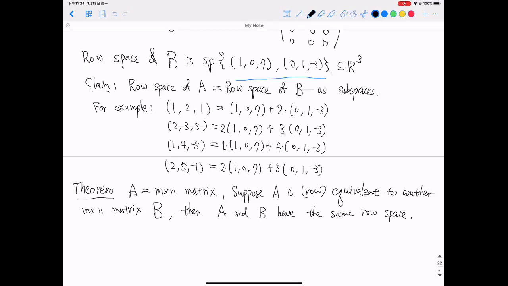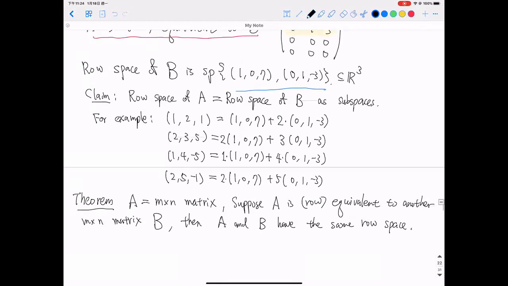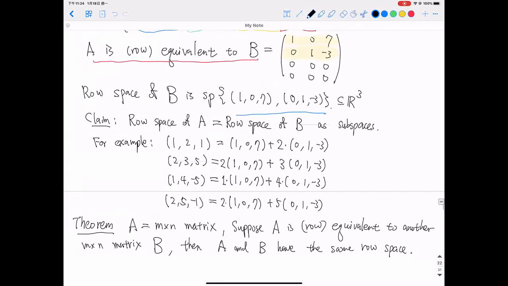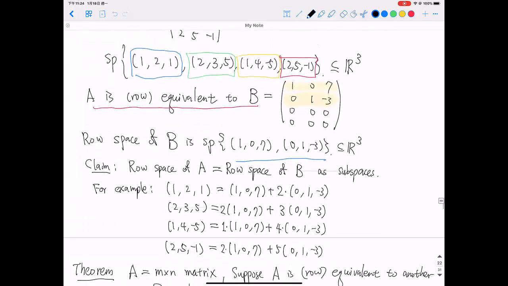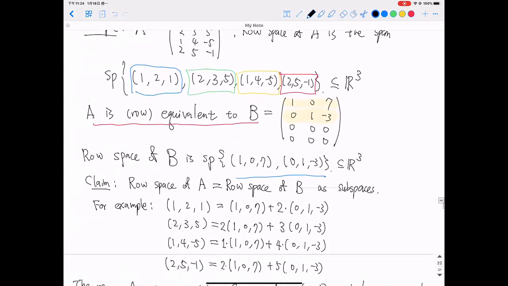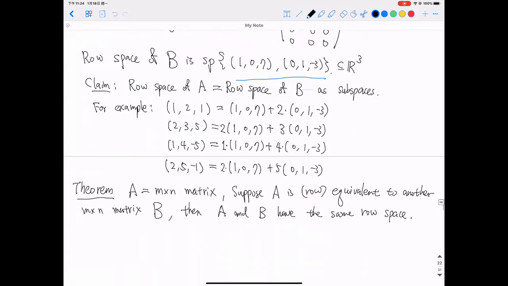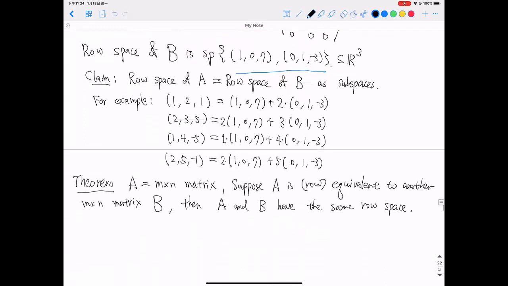So you can see that the theorem has the previous example as a special case where you have two matrices that are row equivalent. Keep in mind what this means.